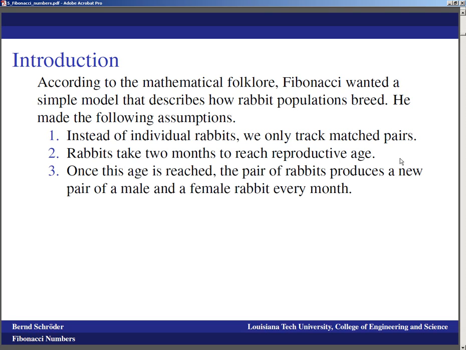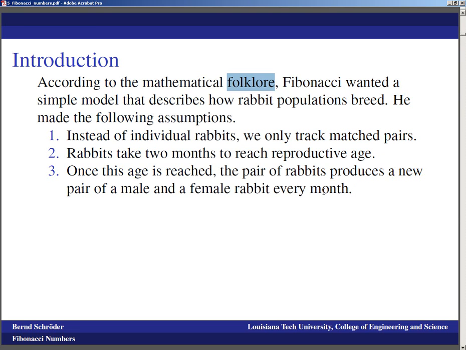Now, that's where it comes back that this is mathematical folklore, right? I'm pretty sure that Fibonacci was aware that rabbits take more than 2 months until they reach reproductive age. And I'm also pretty sure that Fibonacci was aware that even though rabbits breed like rabbits, as the saying goes, they do not produce a new pair of offspring every month.